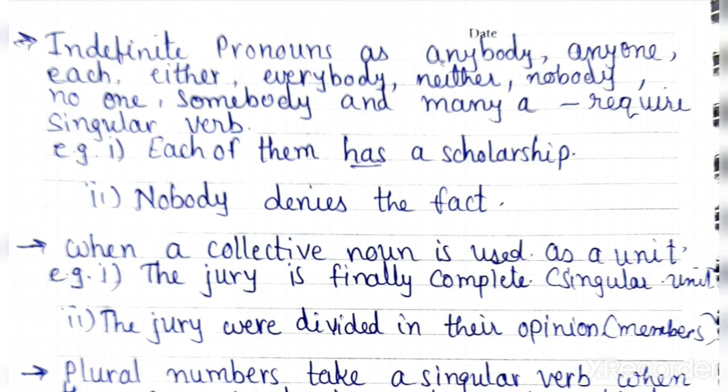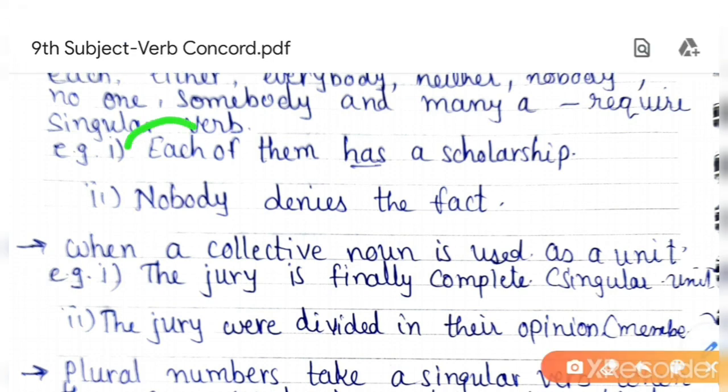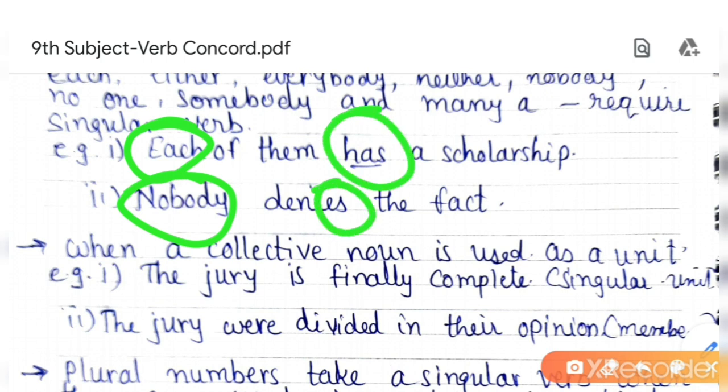There also you have studied that each, either, neither, every, they follow the singular verb. Here also each is used, nobody is used, so we have used singular verb. Each of them, don't think here them is given we will use have. No, each of them has a scholarship. Okay, next one is nobody.